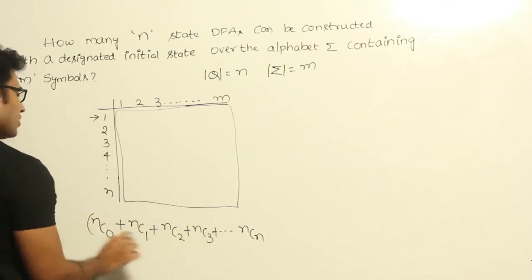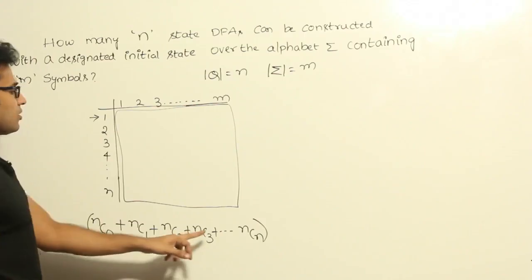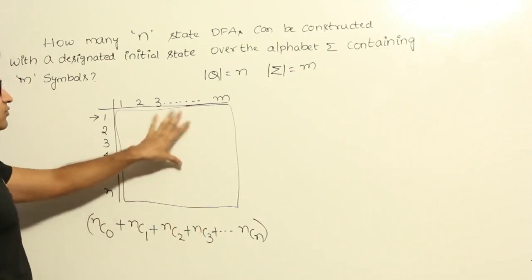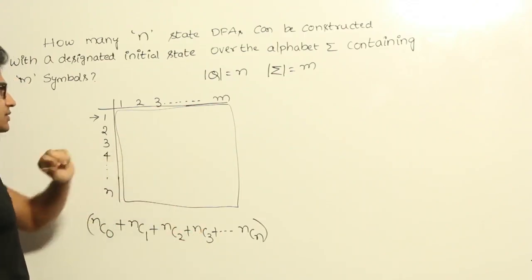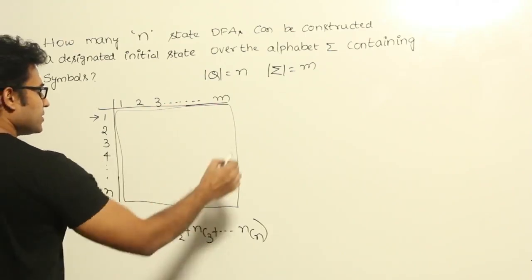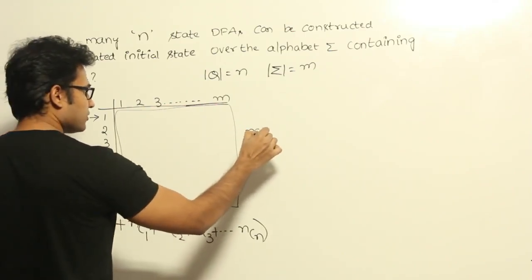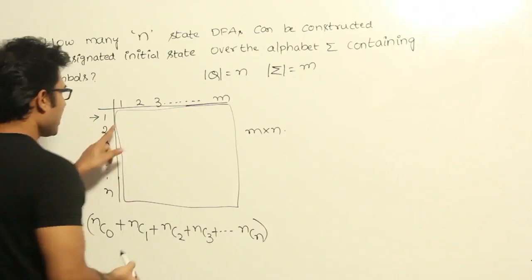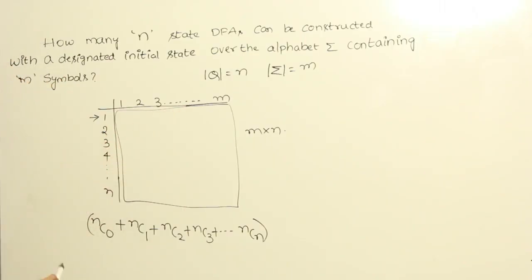Now for every structure, how many ways we can fill the table entries? First you find out the size of this table. The size of this table is m into n, right? And each entry in this table can be filled in n ways.